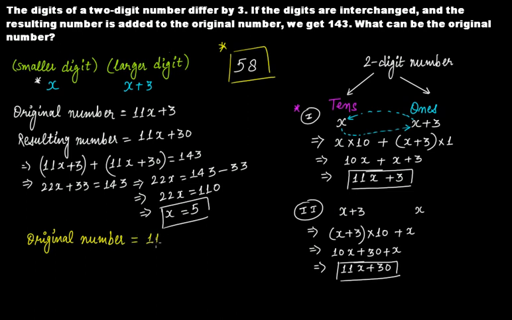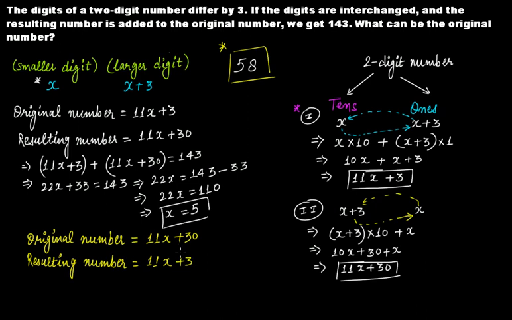Now tell me, if you interchange the digits, that is x plus 3 goes here and x comes here, don't you think that it's exactly this one? When you interchange the digits, x comes at the tens place and x plus 3 comes at the ones place, therefore your resulting number is 11x plus 3. So your resulting number will be 11x plus 3.